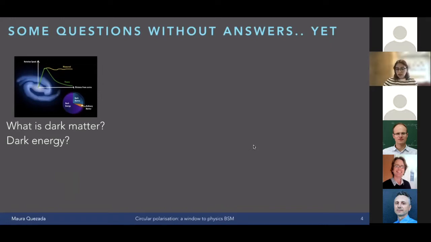The other question is why there is more matter than antimatter in the universe. At some point in the universe, something must have happened that created more matter over antimatter. One of the conditions to get this asymmetry is CP violation. However, the CP violation that we find in the standard model is not enough to explain this asymmetry, so we need physics beyond the standard model to explain this phenomenon.